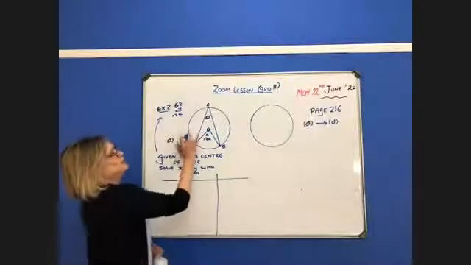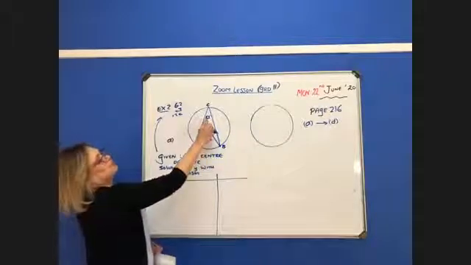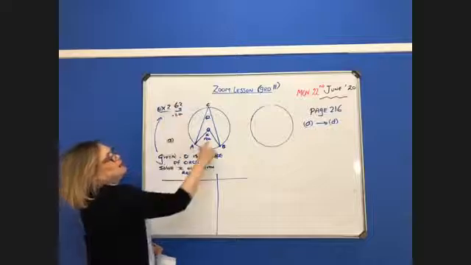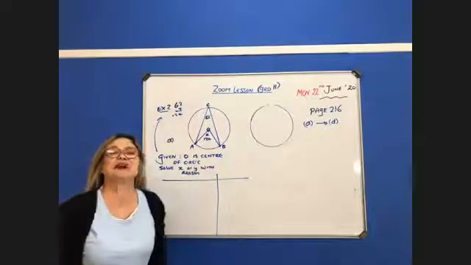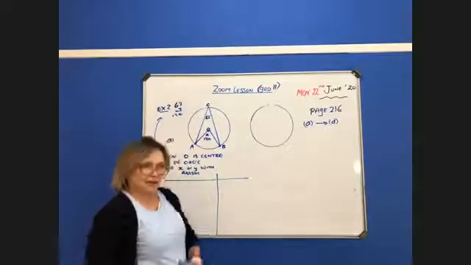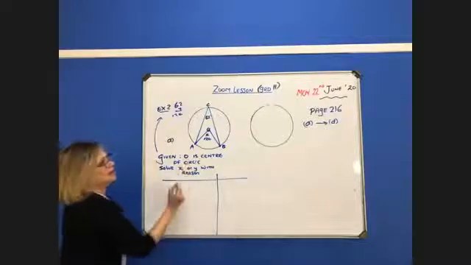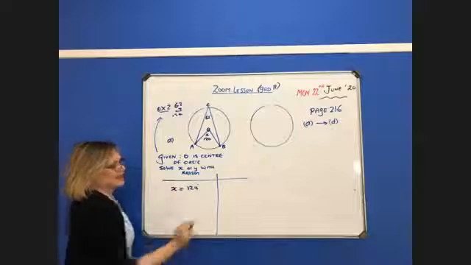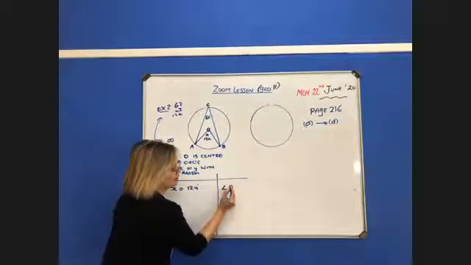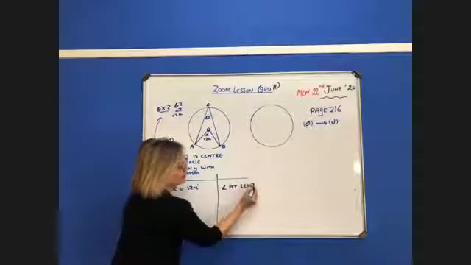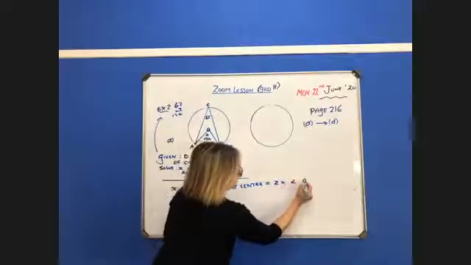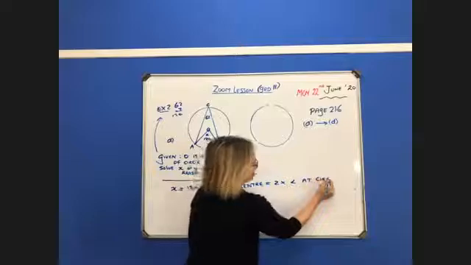Okay. Am I right that if you double 62, 2 2s are 4, 2 6s are 12, then the angle at the center must be double, not the other way around. Remember, center. So angle X equals, remember to put degrees there, angle at center equals 2 times angle at circumference.